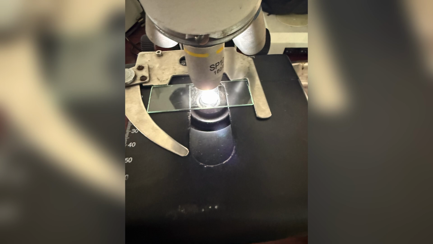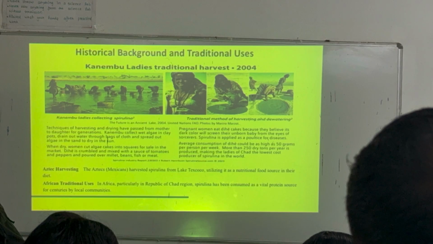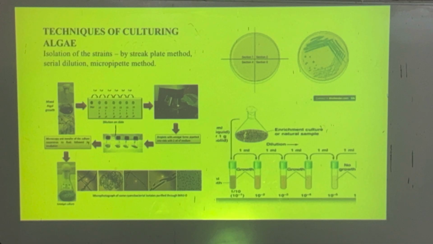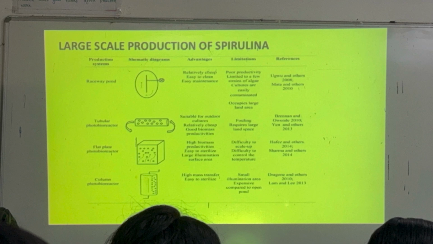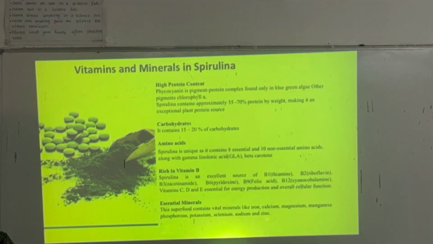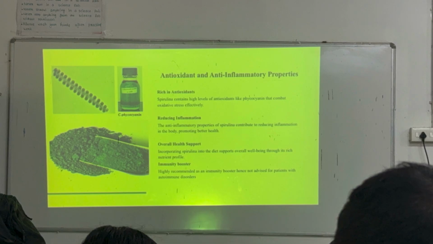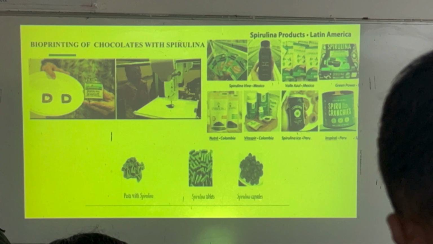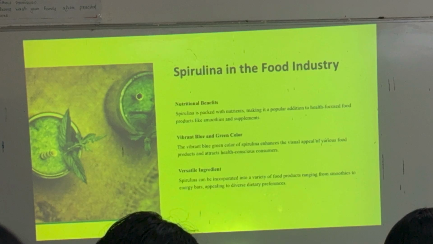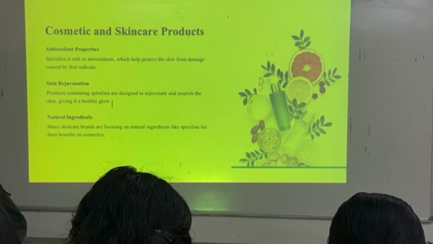This is not recommended for patients with autoimmune disorders. What is autoimmune disorders? Yes, where the body works against itself. So when a person already has an autoimmune disorder, if they take spirulina, again it boosts their immunity.